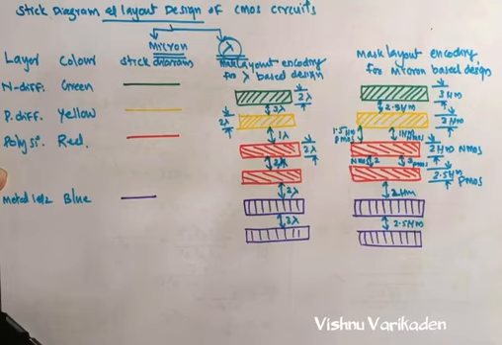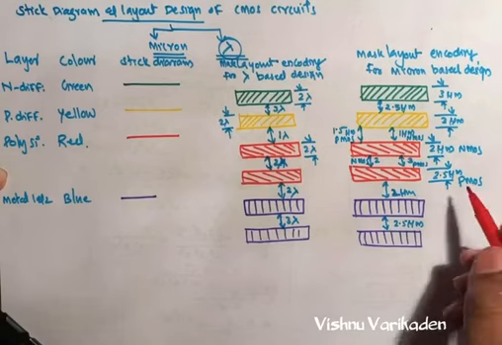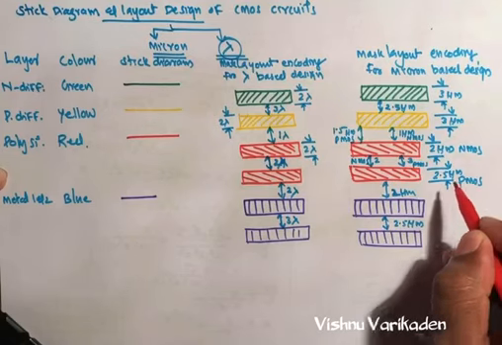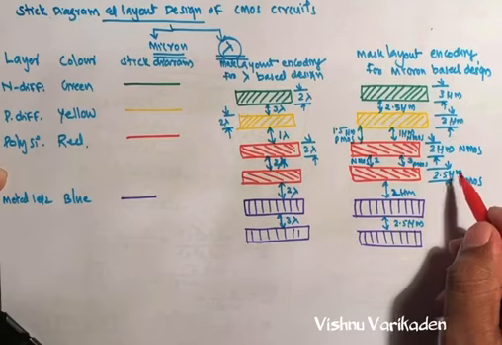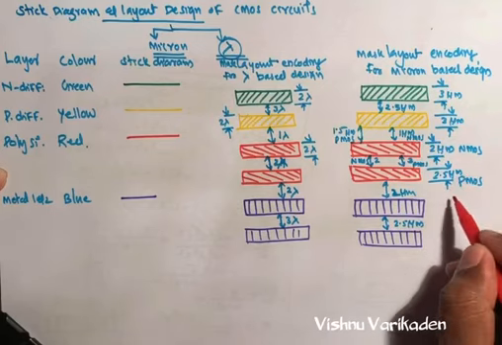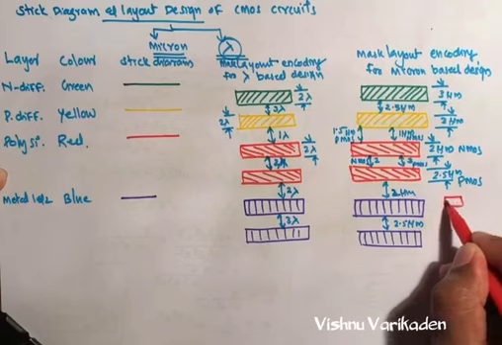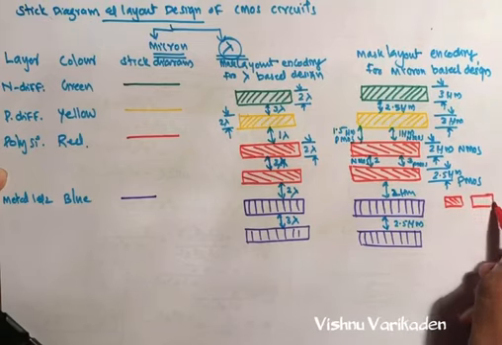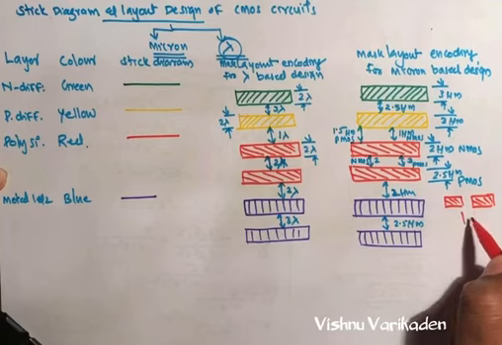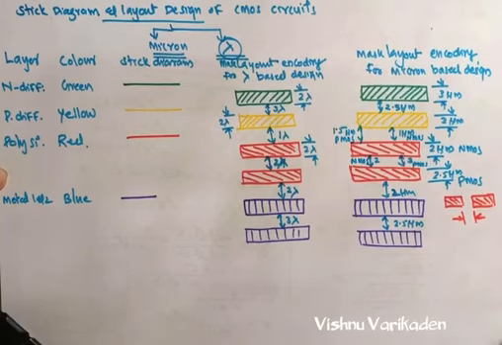Now we can make the distance between two polysilicon in the micron based design rule. So in between two polysilicon, this is our distance between here.